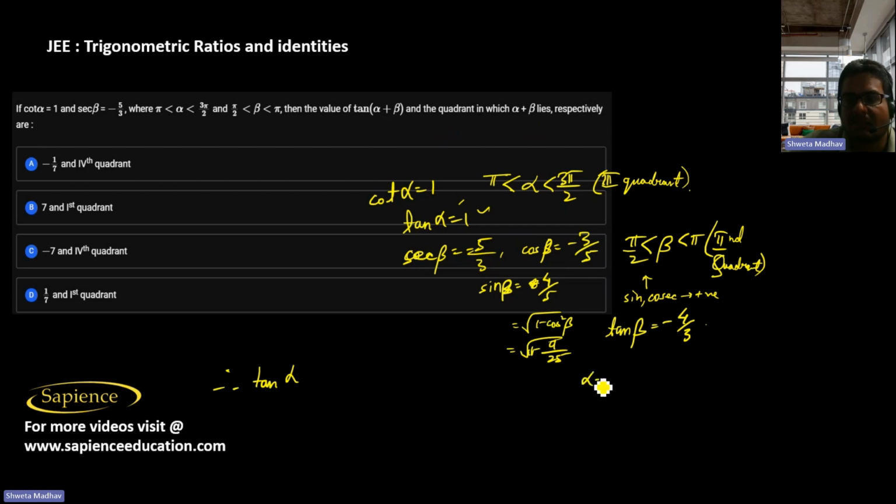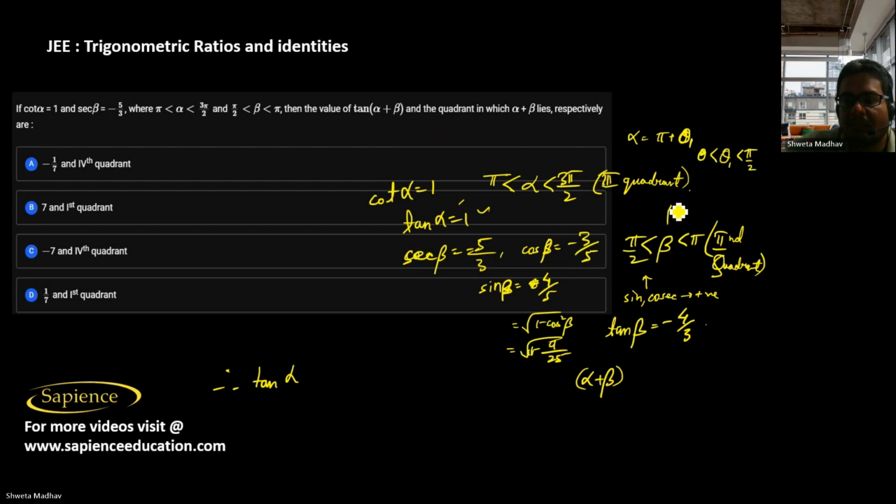Now alpha plus beta if I do. Alpha is having some value pi plus something, let's say pi plus theta 1, where theta 1 is an acute angle from 0 to pi by 2.